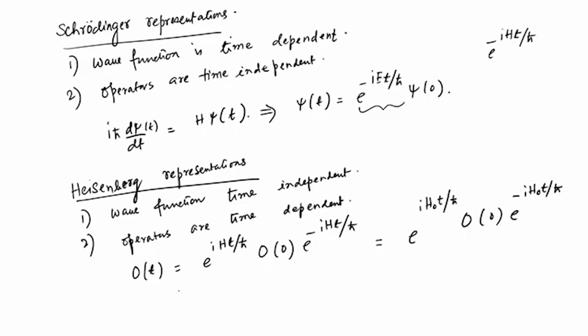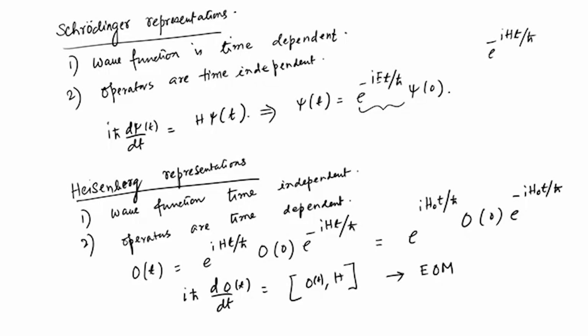So, these operators obey an equation of motion which is given by dO/dt, that is the commutation of O and H. This is a function of t, of course. So, the time evolution of the operator, or the equation of motion for the operator, is the commutation of O with H. So, this is called the EOM, or the equation of motion.